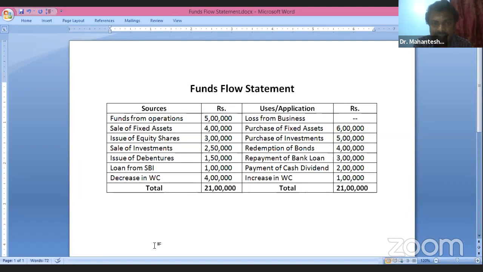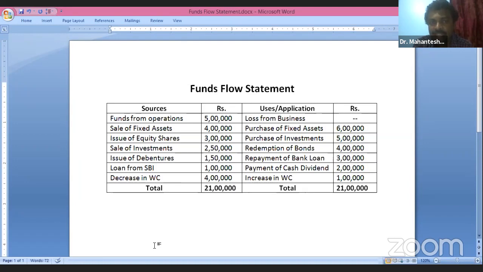Issue of equity shares is 3 lakhs, issue of debentures is 1.5 lakhs, loan from SBI is 1 lakh. So all put together, issue of equity shares 3, debentures 1.5, 4.5, loan from SBI 1 lakh, so 5.5 lakhs is again 25%. 25% of the funds during the year are generated by raising the additional capital.